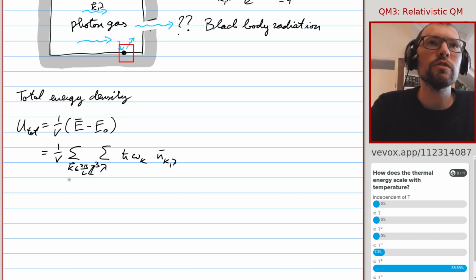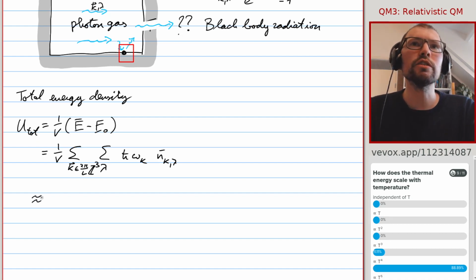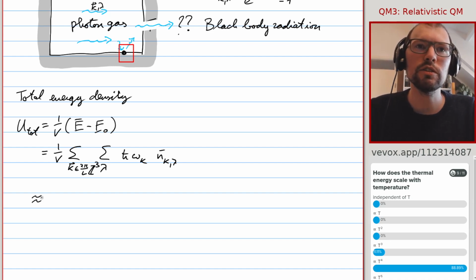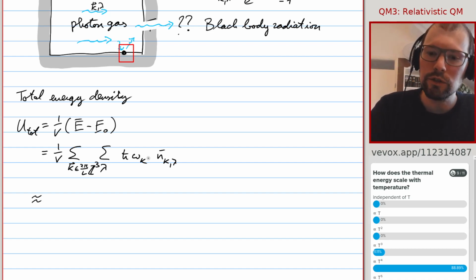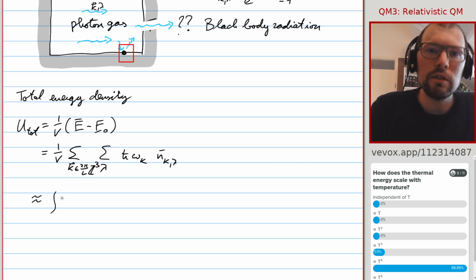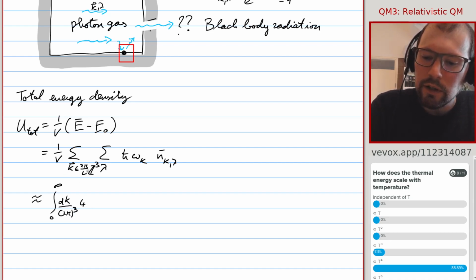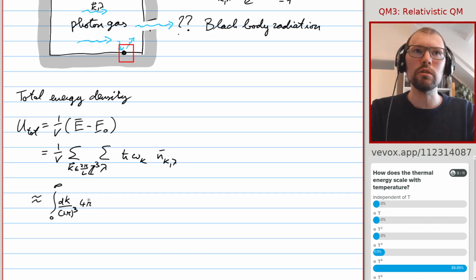And we want to transform this into a continuum expression. We want to look, if you like, at the density of states corresponding to this energy distribution. So we turn this sum over k into an integral over k. We integrate over the length of the wave vector from 0 to infinity. And then, what is the number of such discrete wave vectors in a ball of radius k?